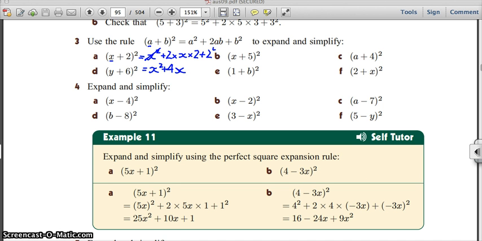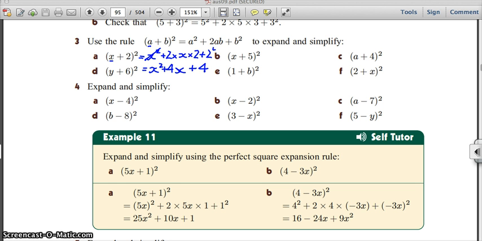Would you agree with that? We've got positive 2 times x times 2. We do the signs first. Positive times a positive times a positive is a positive. We do our numbers next. 2 times 2 is 4. And then we do our letters. And then 2 squared is 4.